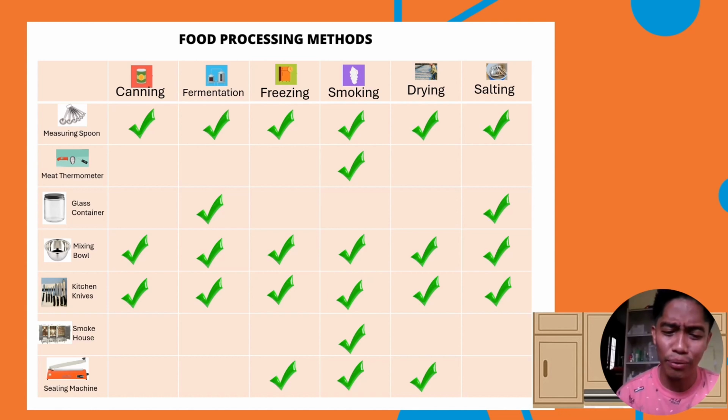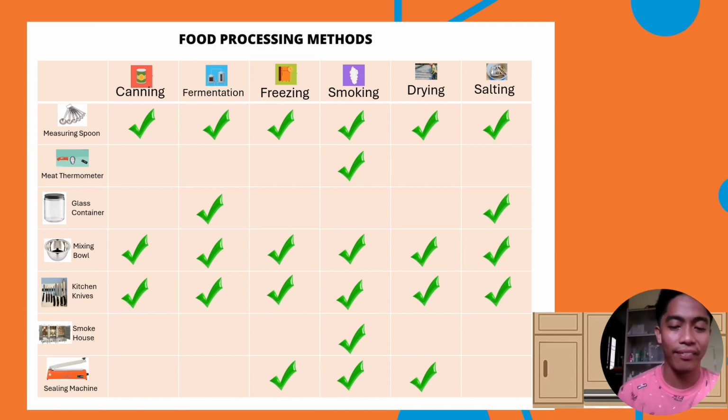But class, did you know that aside from glass containers, we have traditional jars, which are earthen pots that are best suitable for fermentation and salting. Okay, so next is a mixing bowl and a pair of knives or kitchen knives. So it can be used in all methods of processing.